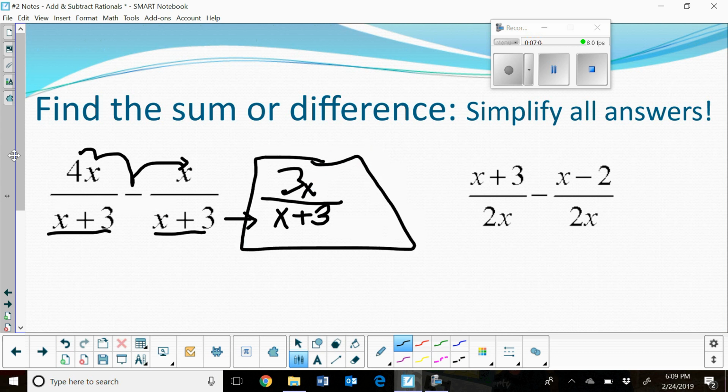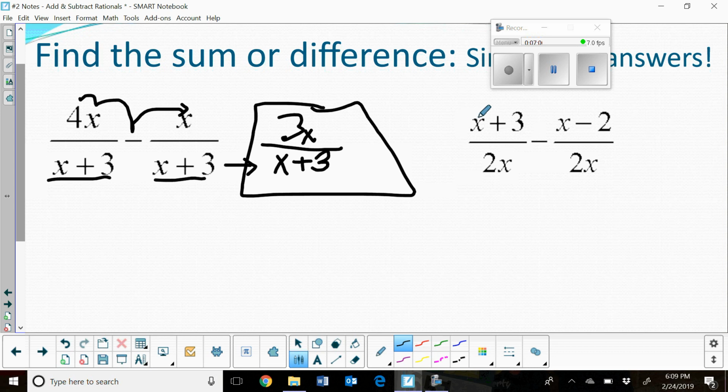Okay, now let's look at one that has binomials on top. Anytime we have a binomial on top, it's a little trickier because we know we're subtracting the quantity x minus 2. So denominators, easy. We just bring that over, and that's a 2x.